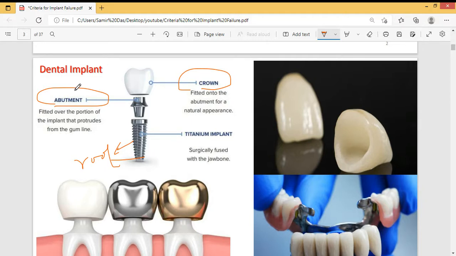The crown is basically made of ceramic because it gives us a good aesthetic look also, and sometimes we use a polymer-based crown also. And the abutment part is basically made of metal or composite as well.